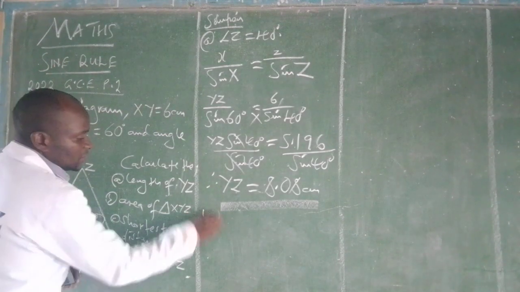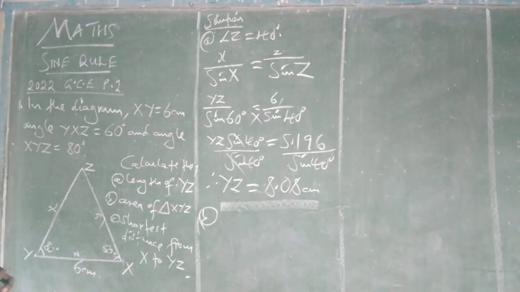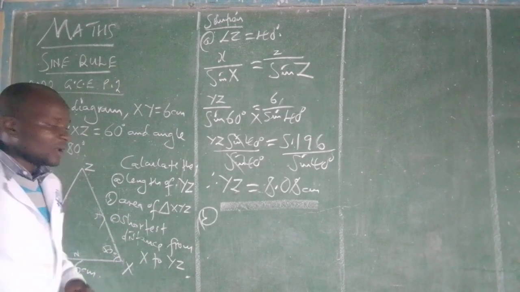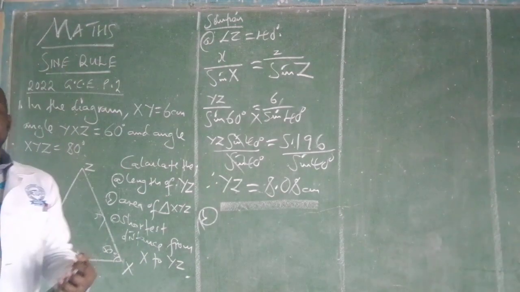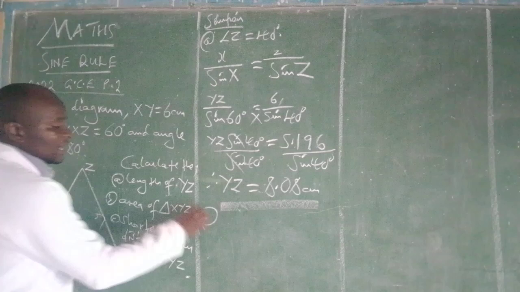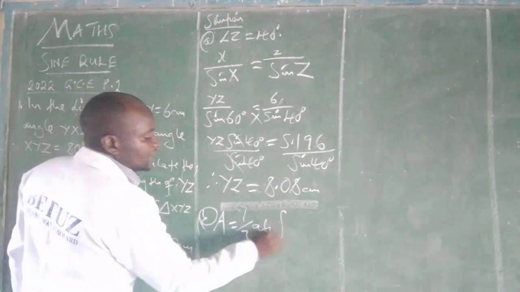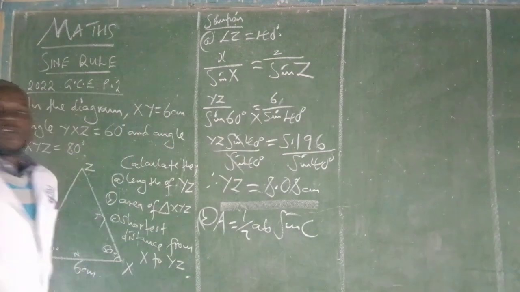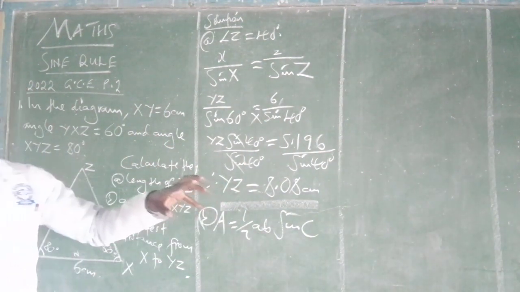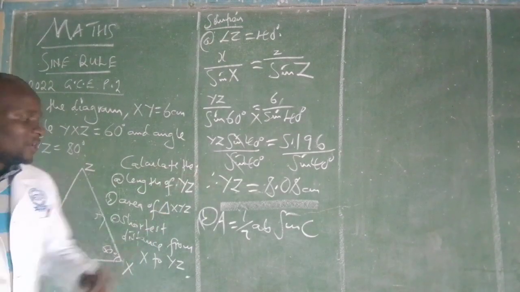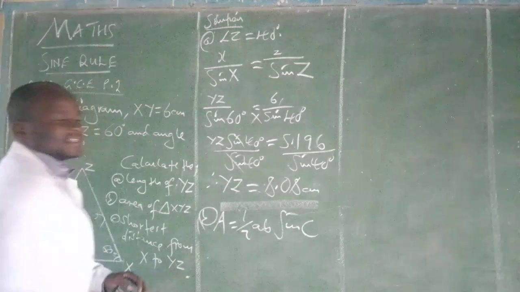Then shall we go to question B? Question B says find the area of triangle XYZ. So to find the area of a non-right angled triangle, there is a specific formula, and the general formula is area is equal to half ab sine C. The a and b here are small letters, and small letters represent sides. And these should include the angle which is given there.